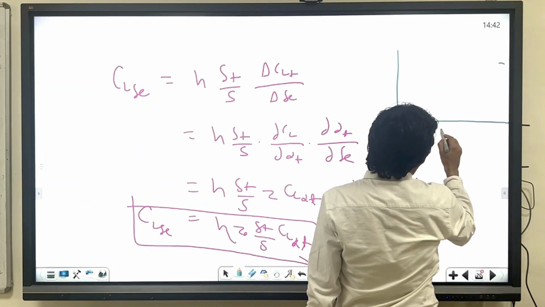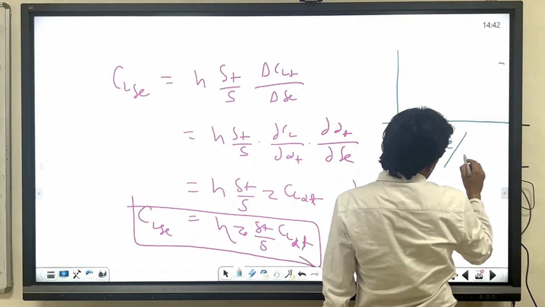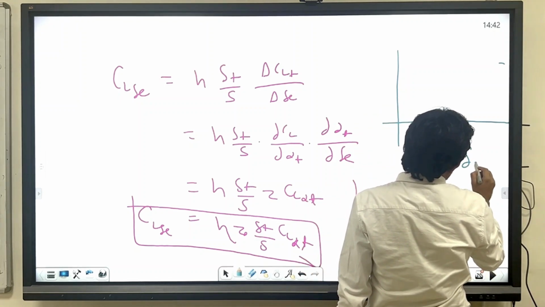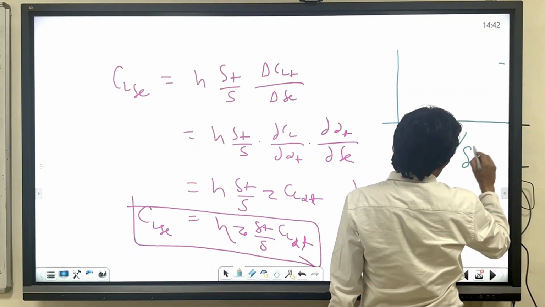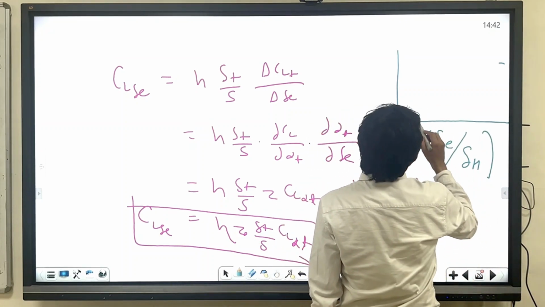can find out using this graph, this is the elevator area, control surface area by the lifting area, horizontal area you can say. Okay, lifting area is the total lifting area, and delta is the control surface area.